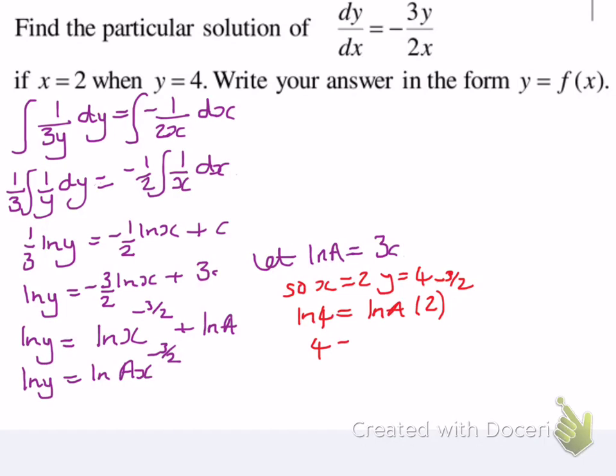So therefore 4 equals a times 2 to the minus 3 over 2.